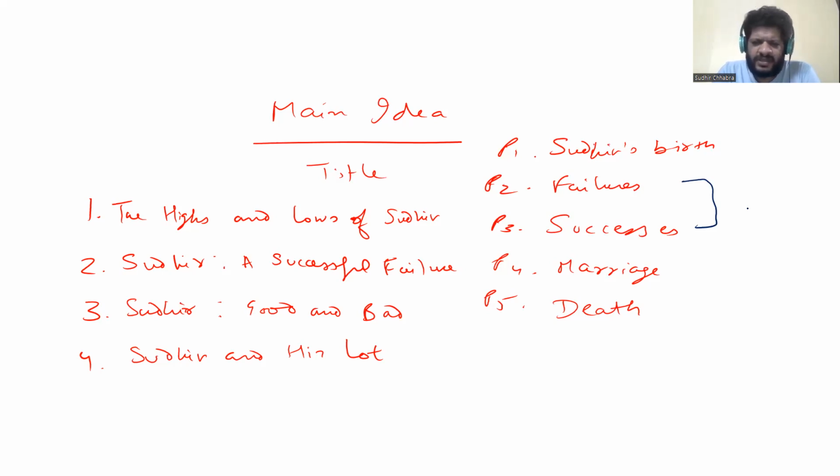Okay, I don't want to make one of those sexist jokes. So, marriage is something again, birth and all. So, they could be considered highs and lows at certain junctures, but you have to choose the best option out of the given collection. So, let's move a bit further and we'll come back to the first one.